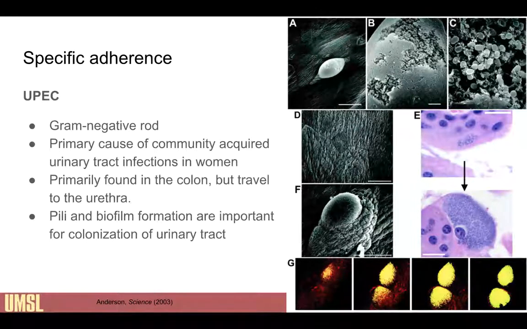So what I'm showing here are a number of electron micrographs up here of essentially a UPEC biofilm that is formed on the surface of epithelial cells in a mouse urethra. These are very close-up images of the surface of this biofilm.